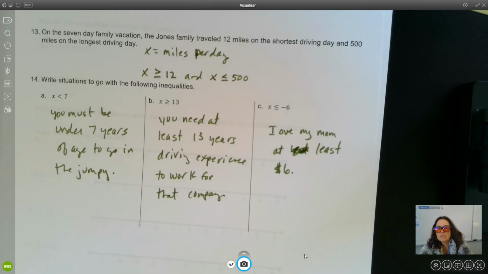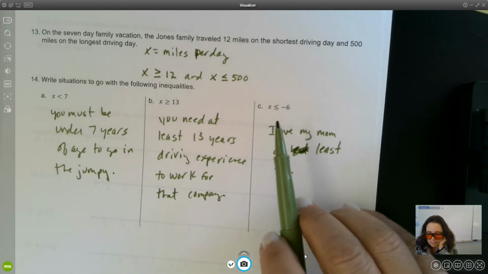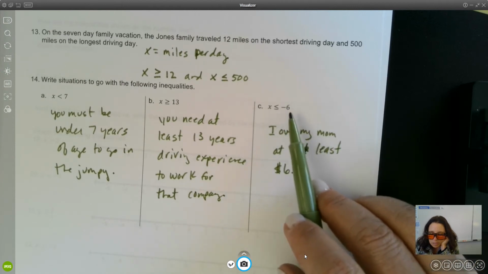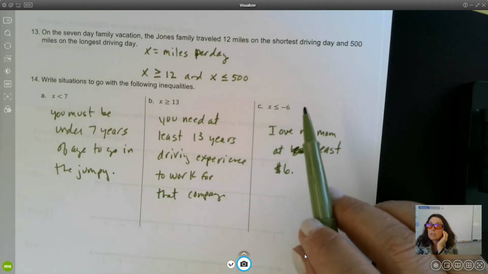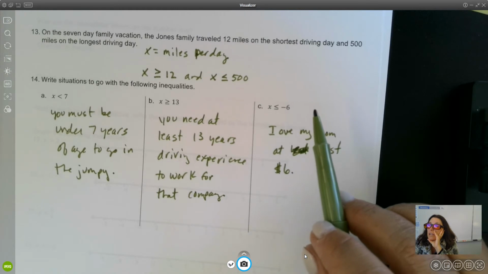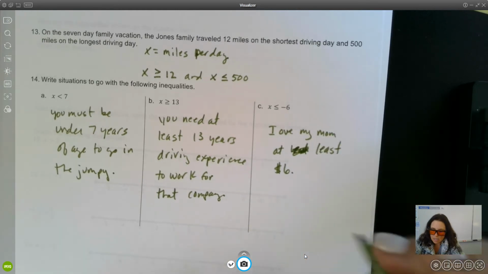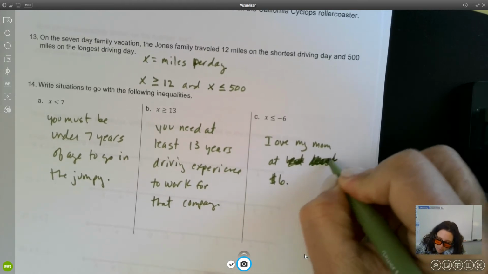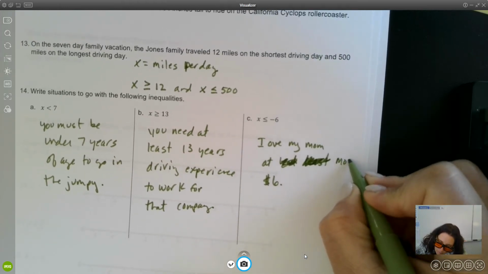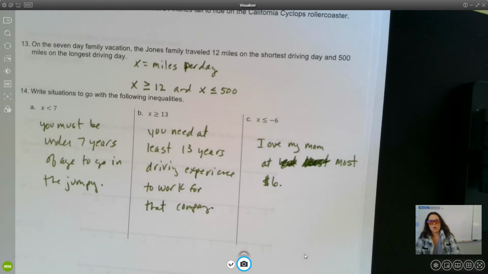X is less than or equal to, I think that would be at most. Let me think about that again. So X is less than or equal to -6. So that'd be like -5, -4. So owing less than that. Okay, so that's at most. I owe my mom at most $6.